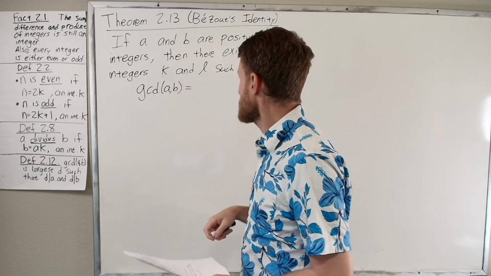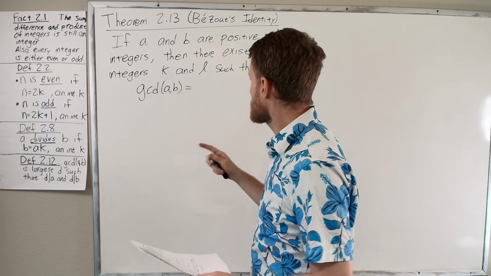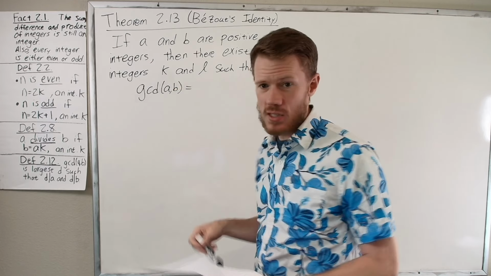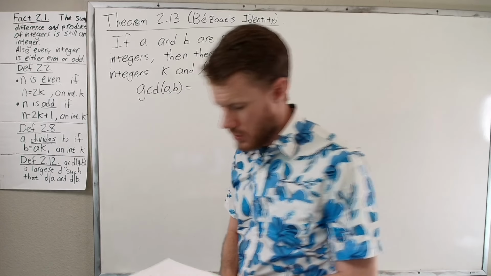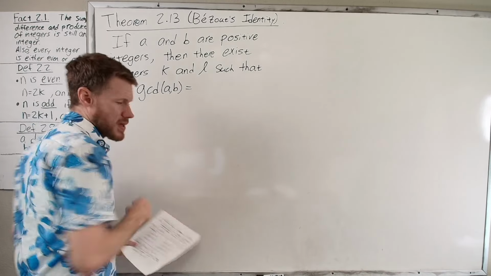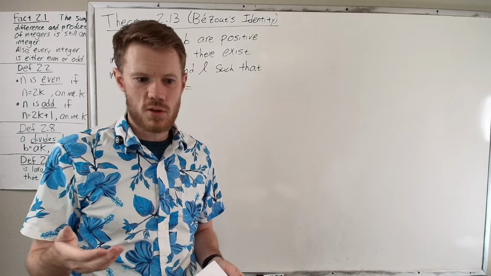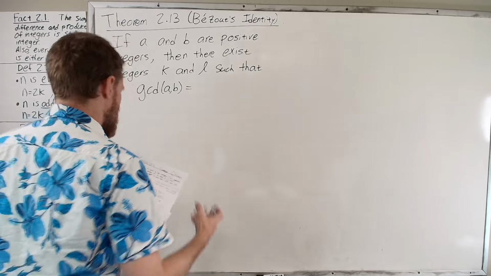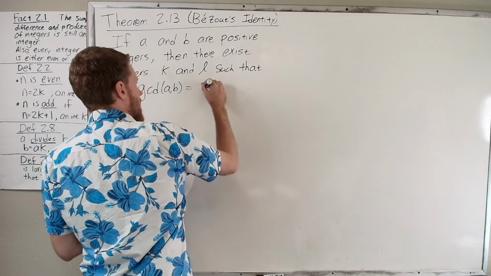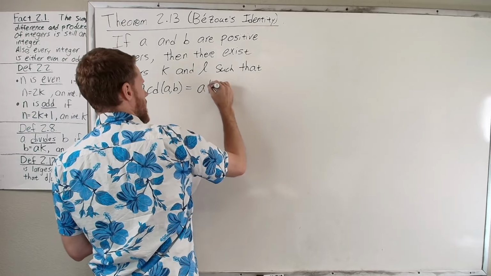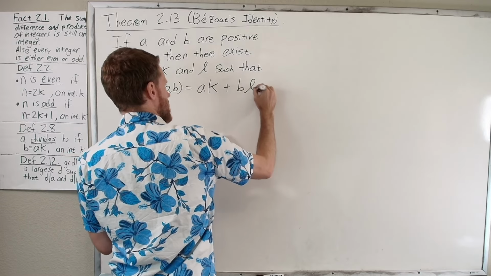If a and b are positive integers, then there exist integers k and l such that, so here's the conclusion, that the GCD of a and b, okay, so think about two numbers, 2 and 6, the GCD of 2 and 6 is 2, can always be written as a times some k plus b times some l.